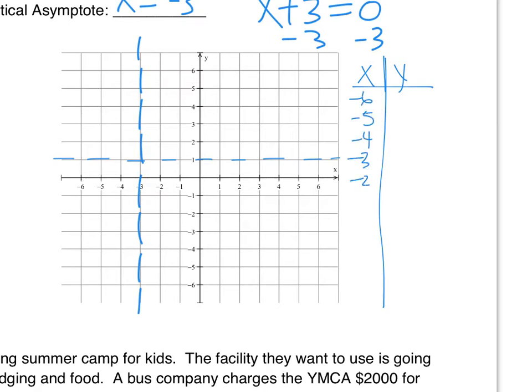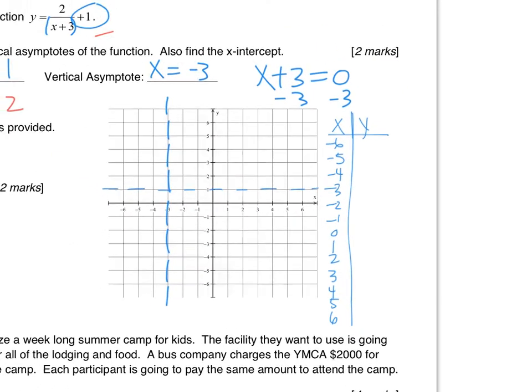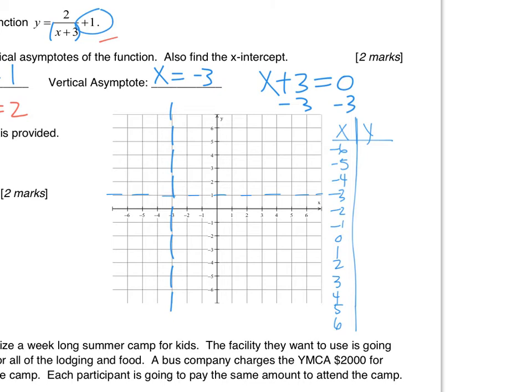-4. All right. And then I'm going to put this in my calculator and look at the table. Remember to use parentheses like I put on there. We've got 2 over x plus 3 in parentheses, plus 1.